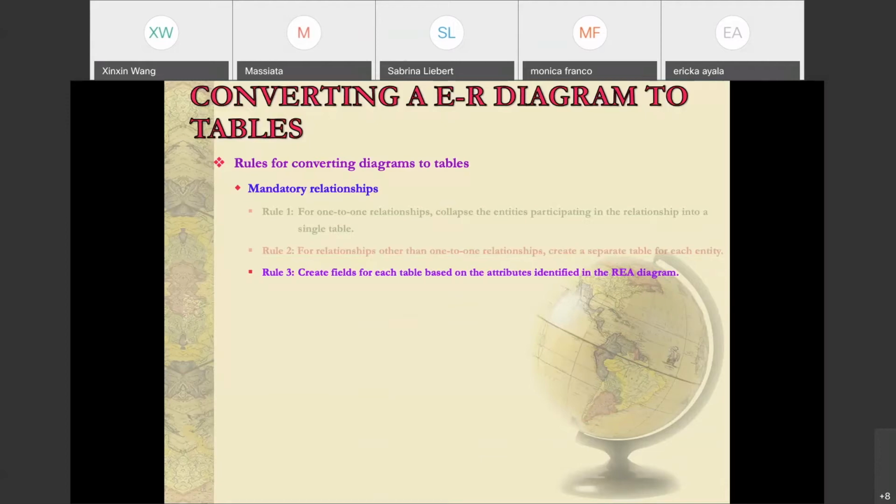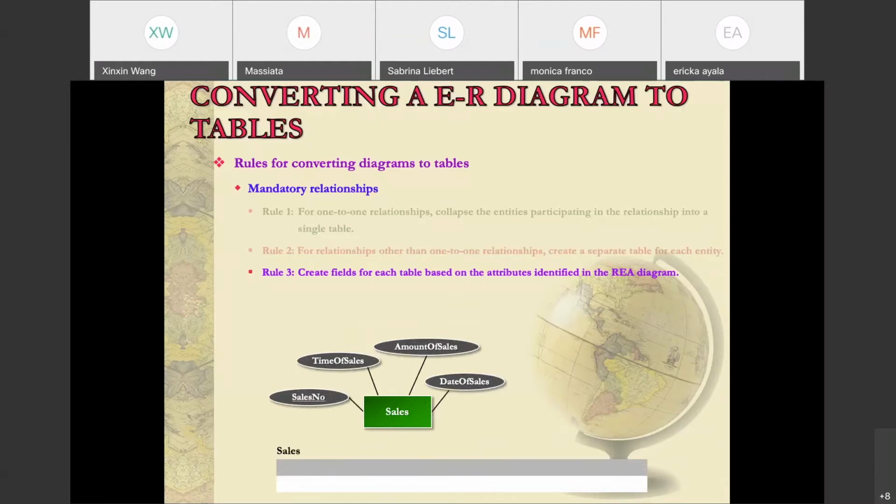We remember the REA diagram, where we have entities drawn as squares, and then we have attributes spread out, and we have the primary key, stuff like that, right? Those attributes become the fields of the table. For instance, in this case, how many fields does the sales table have?